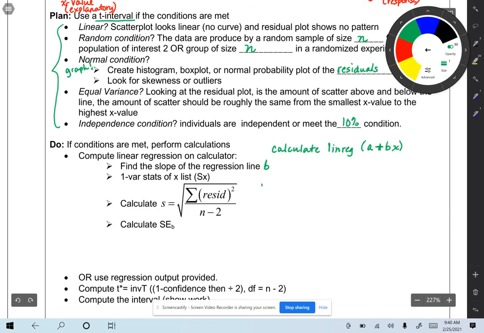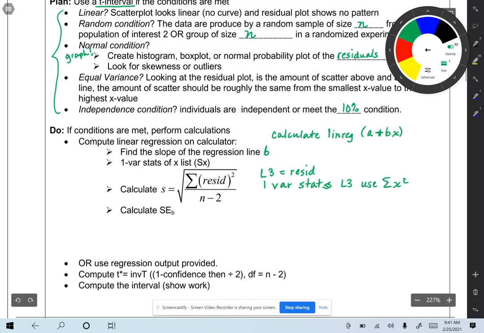And in order to use the list 3 for residuals, and we won't do this until another section, but I'm just writing this down right now, you need to calculate the linear regression line. So we will do all of this, and I'll show you on a calculator when we get there. 1 variable stats. L3, we're going to use summation x squared.